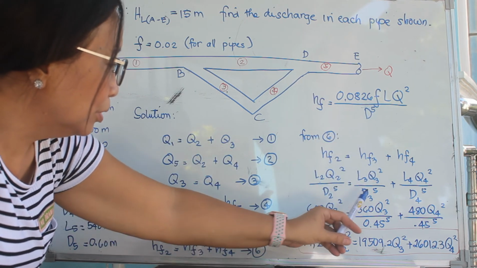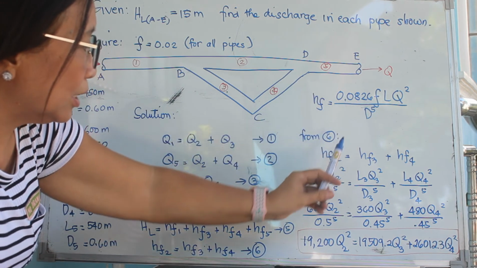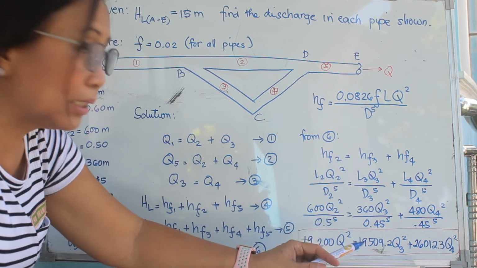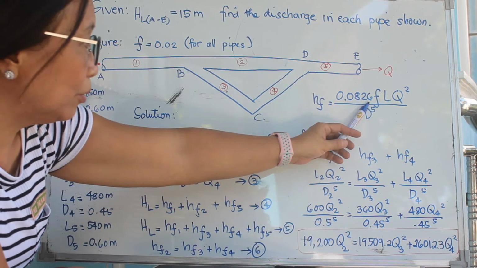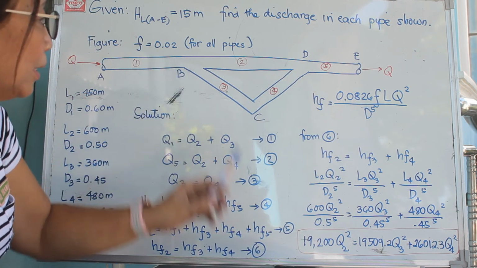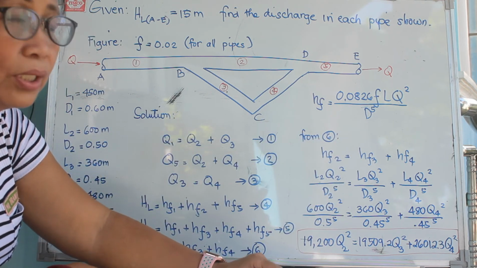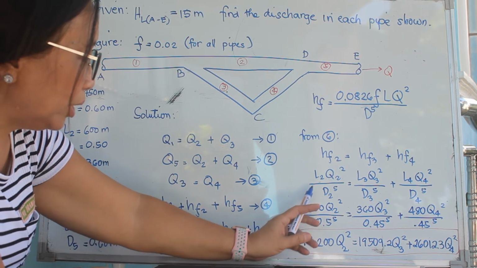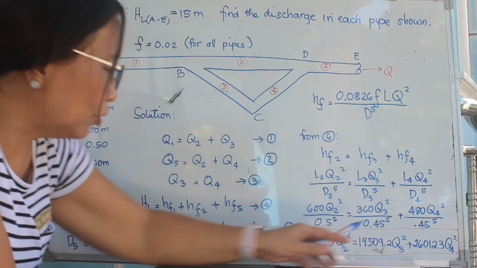Since 0.0826 F is repeated for all these quantities and the friction factor F is the same, it can be cancelled. The formula is left with L2 Q2 squared over D2 to the fifth, and so on.